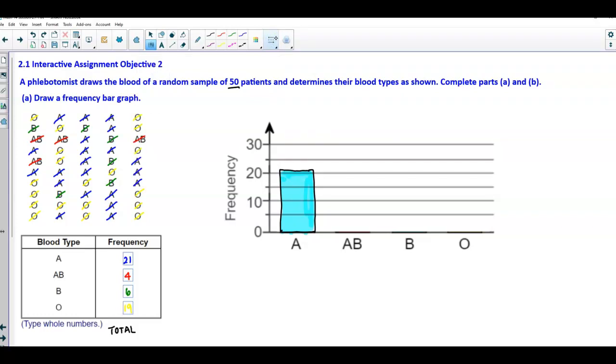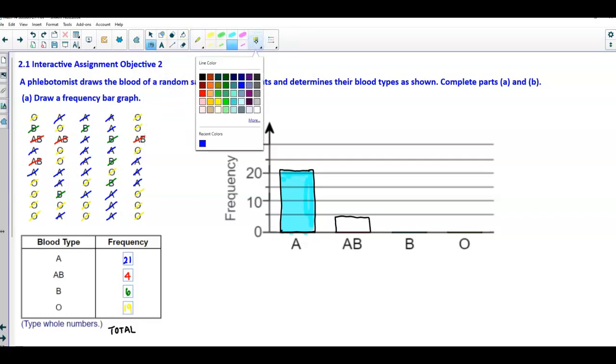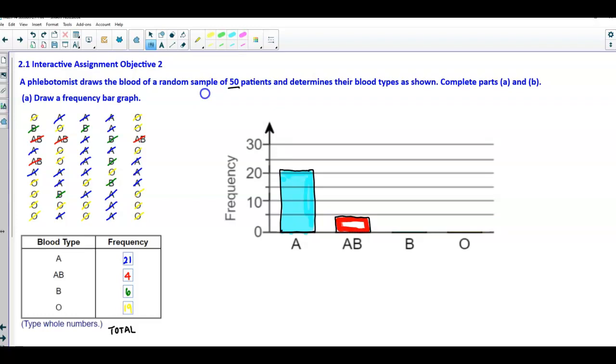In between 0 and 10 is 5, so it's right underneath the 5. And therefore that represents blood type AB. So there is our graph.